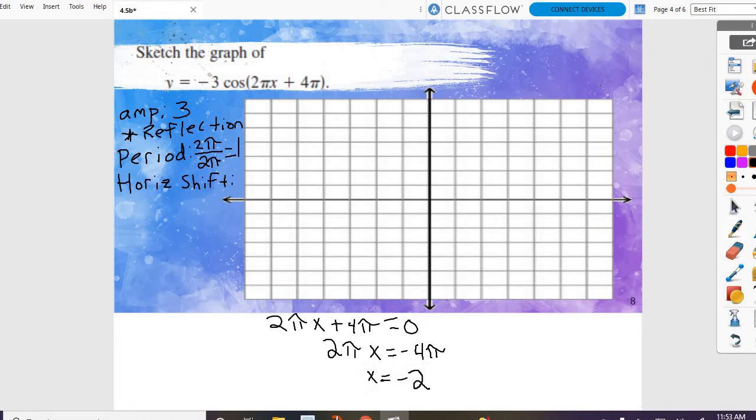So what does the negative tell us? We've gone to the left 2 units. Now, do we have a vertical shift this time? Nope.